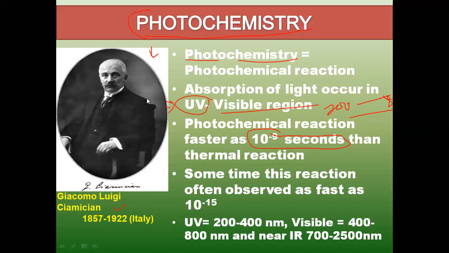So these are all considered thermal reactions, but photochemical reactions are faster, by 10 to the power minus 9 seconds, than thermal reactions. Sometimes the reaction is observed to be as fast as 10 to the power minus 15, even faster in this range. And in this chapter we are talking about reactions in the 200 to 400 and 400 to 800 nanometer ranges.